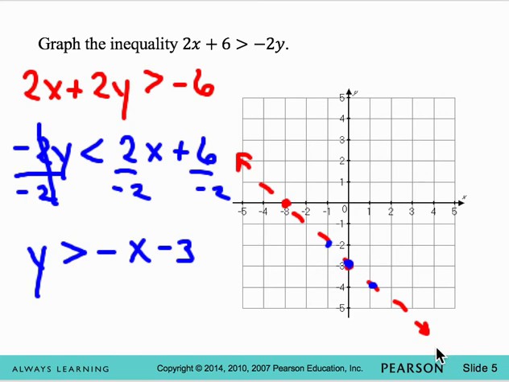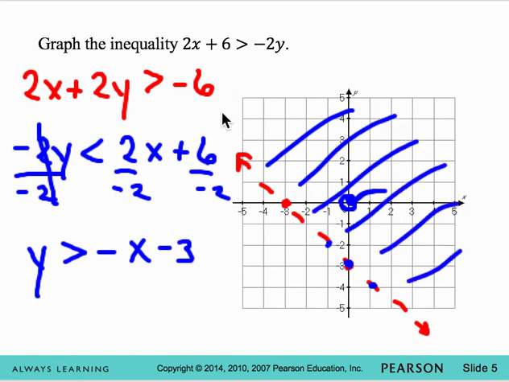Now I'm going to pick this point, 0, 0. If I plug in up here, my question is, is 0 bigger than -6? Yes, it is. If I plugged in right here, is 0 bigger than -3? Yes, it is. Either way, of course, we have to have the same graph.